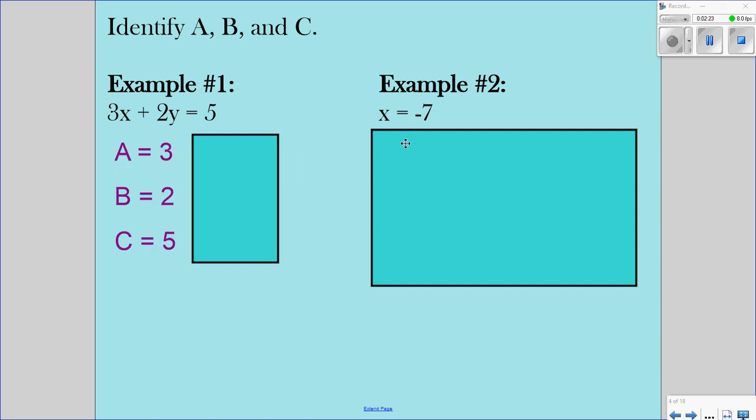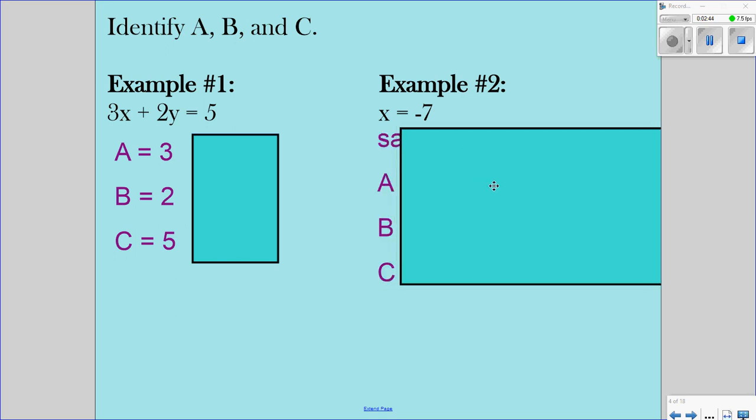Next example. Is this written in standard form? Yeah. Even though you don't see the y, as long as the variables are on one side, and the number that stands alone, which is the constant, stands on the other side by itself, then you are in the standard form, even though it's x equals -7.